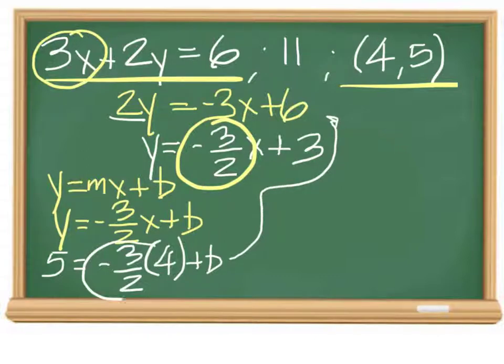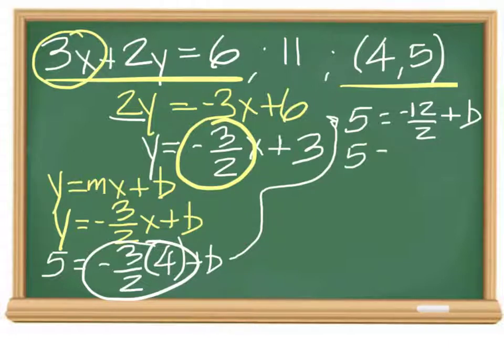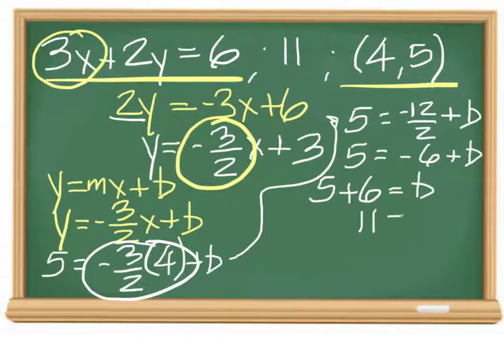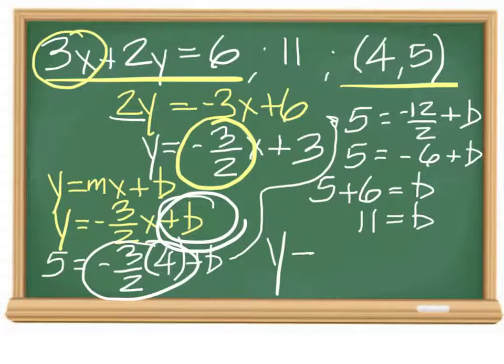So multiply here to come up with a negative 12 over 2, and that's going to simplify to a negative 6, which you're going to move to the left, change the sign, and then simplify to get 11. Put that 11 in there. So your answer is negative 3 halves x plus 11.